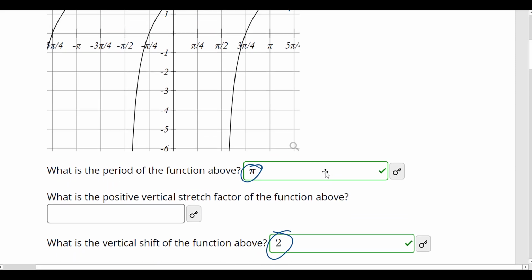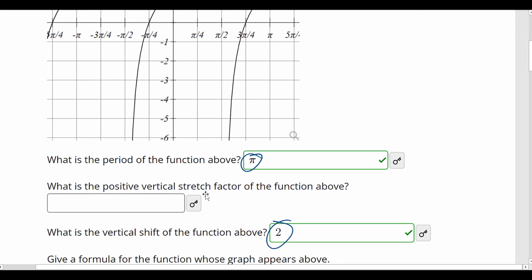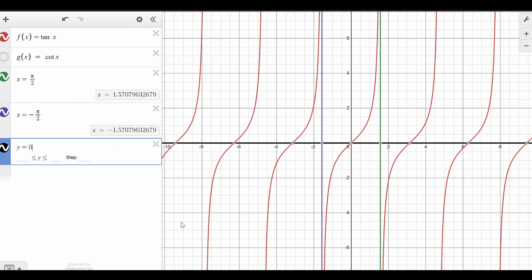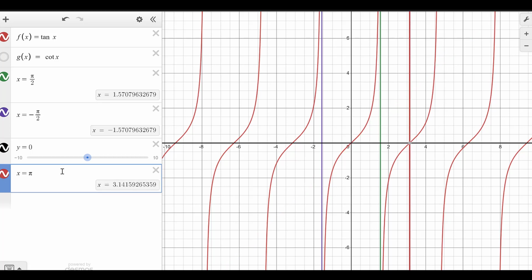Good job. Now, the next question is, what about a vertical stretching? It's easier to see the stretching on a sine or cosine function, for example. But in a graph like this, where it's going from negative infinity to infinity, not so easy to see. But if I go back over to my tangent, let me put in x equals pi over 4.